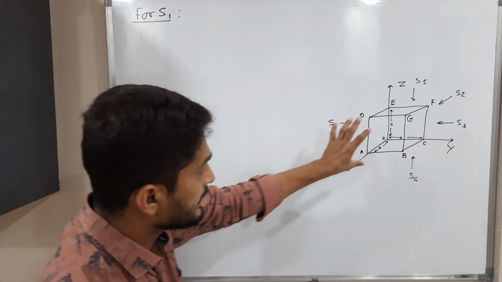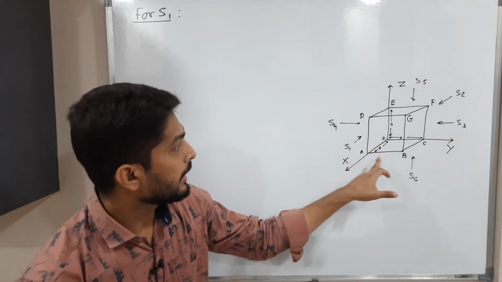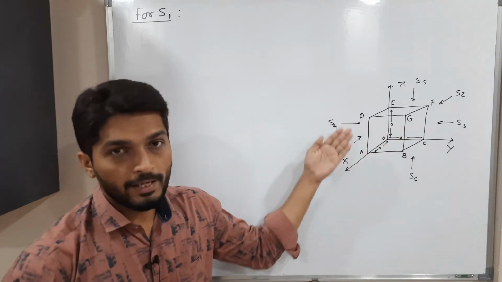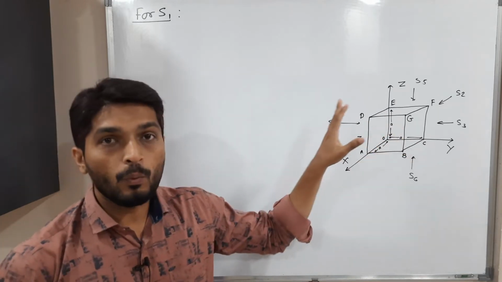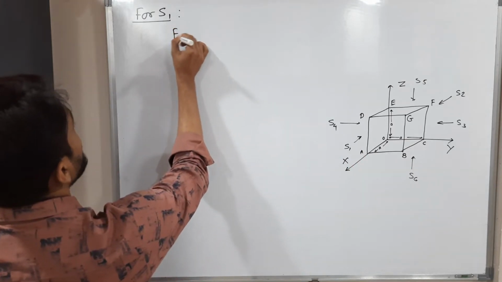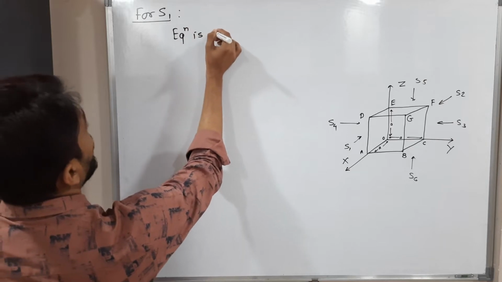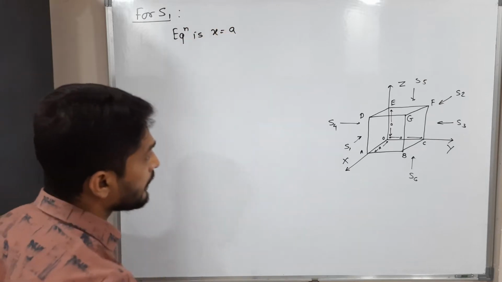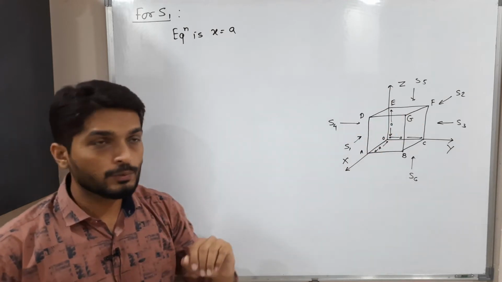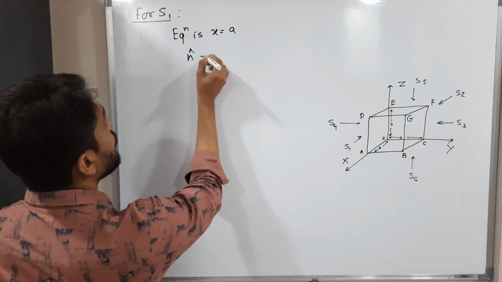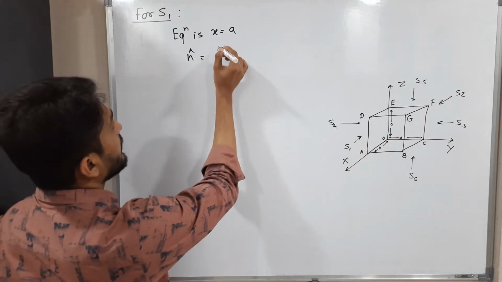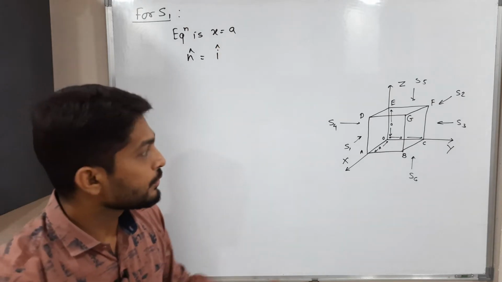S1 you can easily see, this surface S1, ABGD. This is a plane which is parallel to the YZ plane and passes through x equal to A. So its equation is x equal to A. So this plane is parallel to the YZ plane, and that's why its normal vector n cap, the normal vector for this plane S1, is I cap.